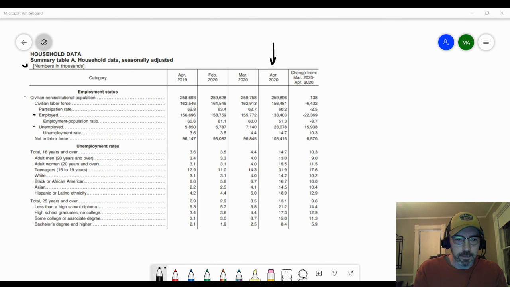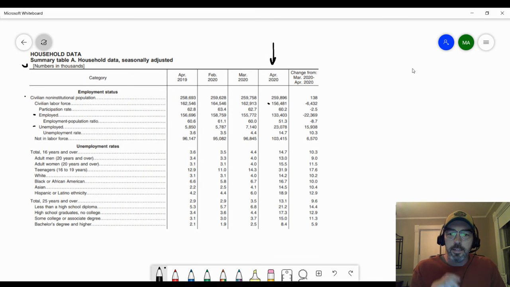I don't think you can see it, but I'm going to go ahead and add up the number of people who are employed, 133,403, plus number of unemployed, 23,078. And the number I get is 156,481, and that's right here, 156,481. That's our labor force. It's the sum of employed and unemployed. Okay.